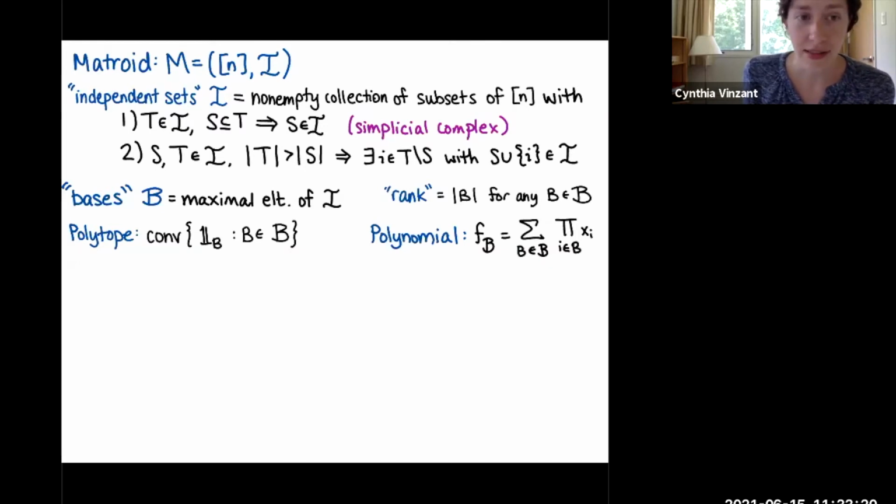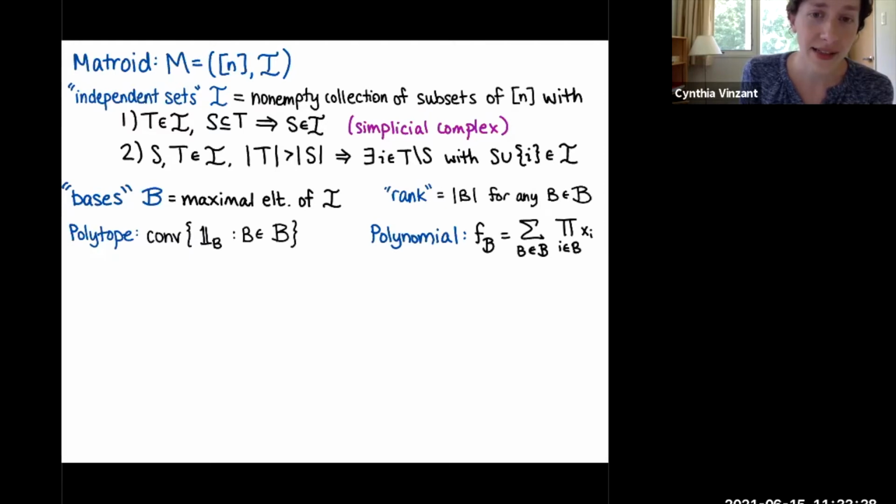The first is that it's closed under inclusion. So if I have an independent subset and some further subset of it, the smaller one is also independent. So this makes the independent sets of a matroid into a simplicial complex.